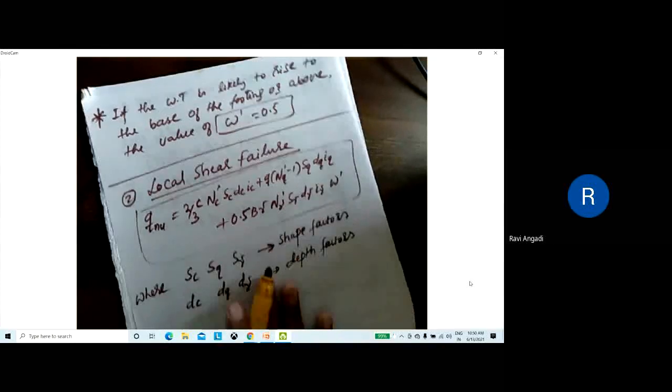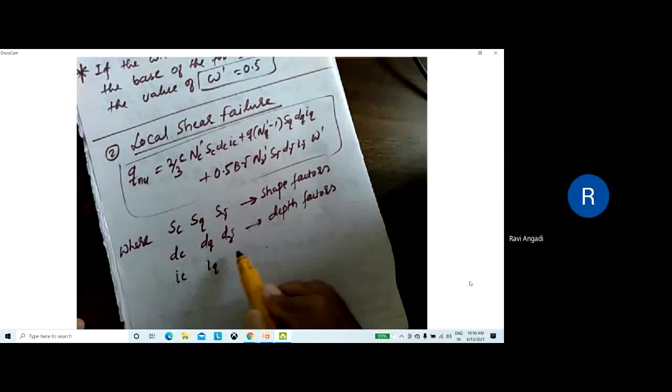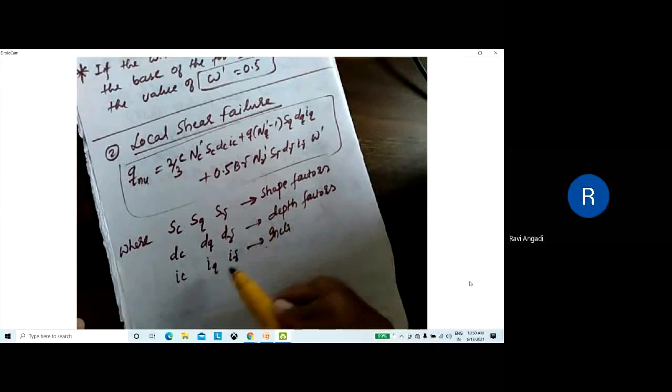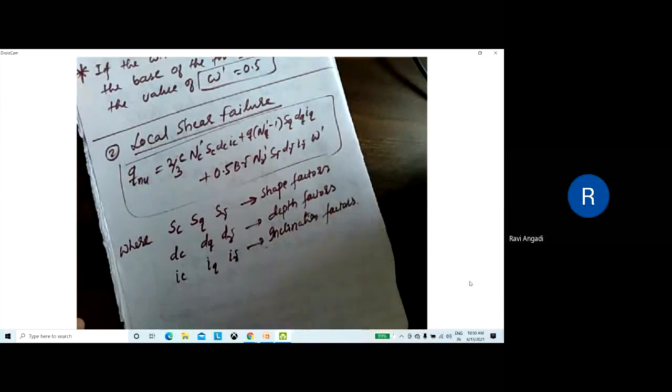Depth factors. Then Ic, Iq and I gamma are what? Inclination factors, inclination with the vertical, the foundation footing inclination. Is it clear?